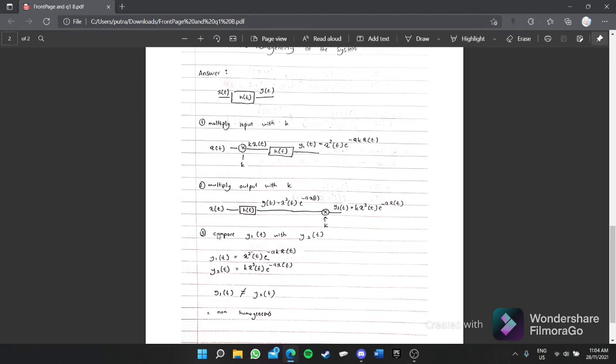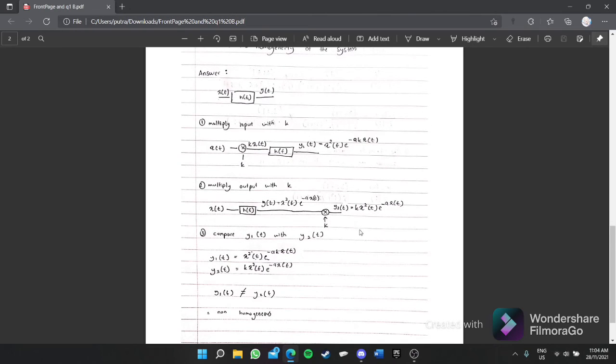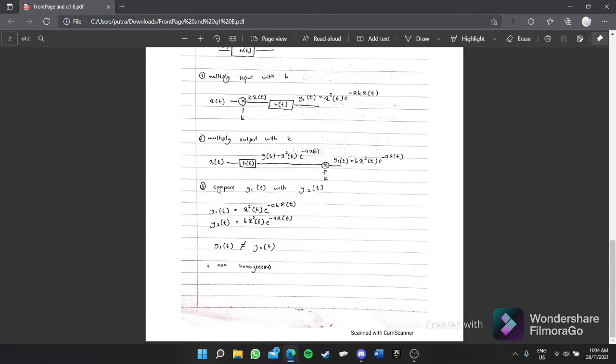For the third step, compare y1(t) with y2(t) to determine whether the function is homogeneous or non-homogeneous.